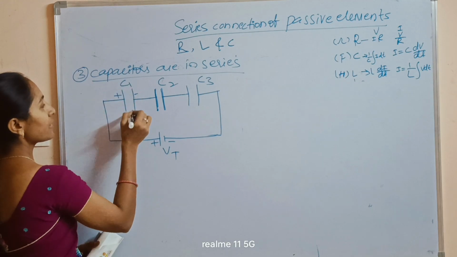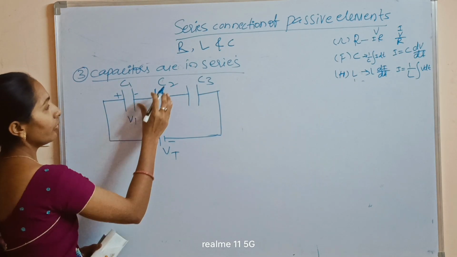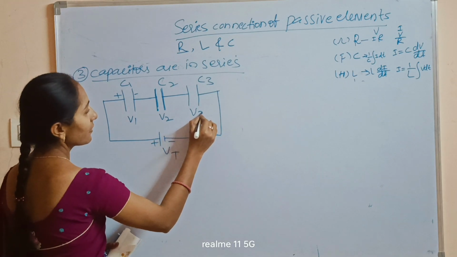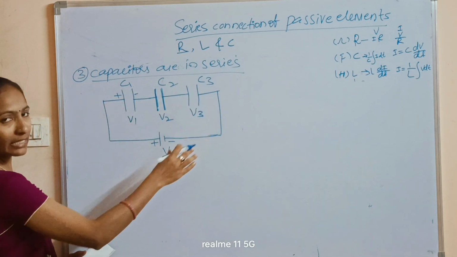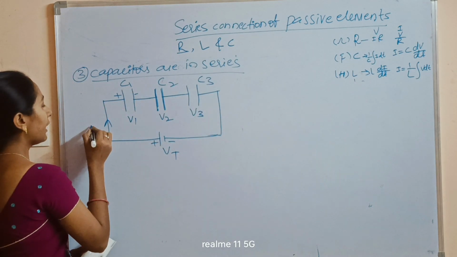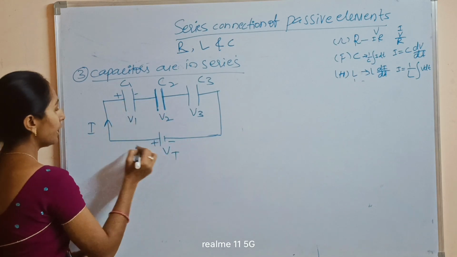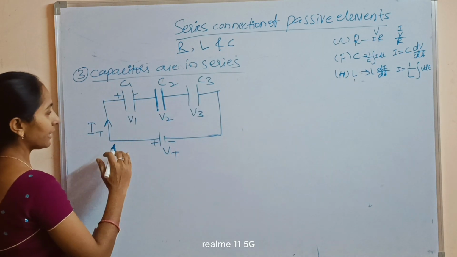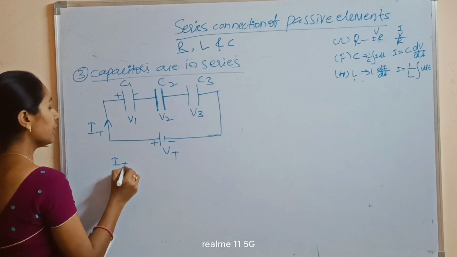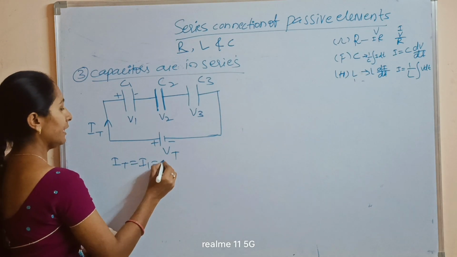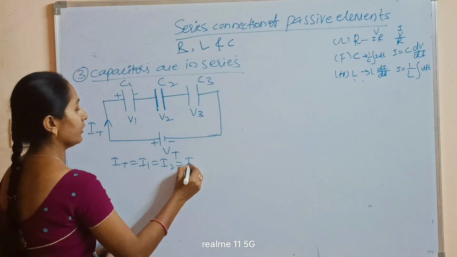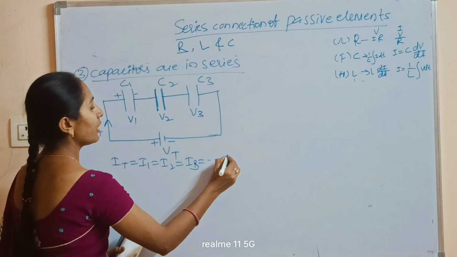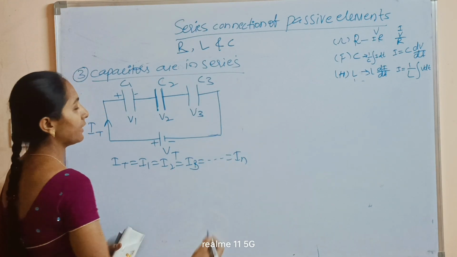Now voltage across C1 is V1, voltage across C2 is V2, voltage across C3 is V3. Now it is a series connection. The current flowing through this circuit is I total. Coming to series connection, I total is equals to I1 equals to I2 equals to I3 equals to so on equal to In.